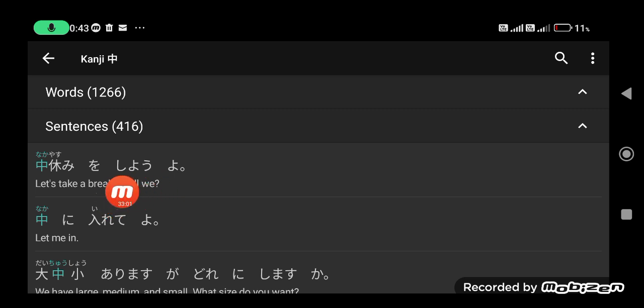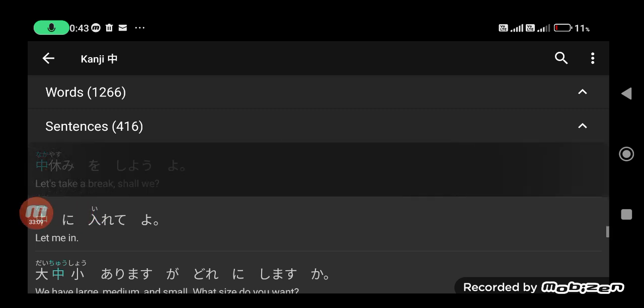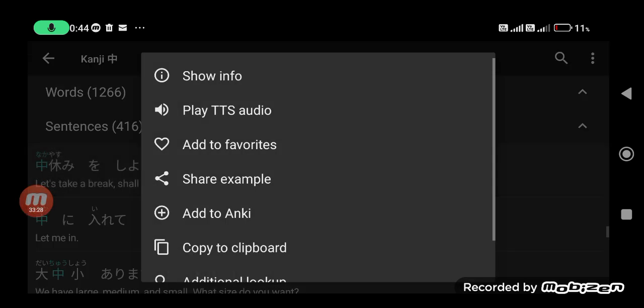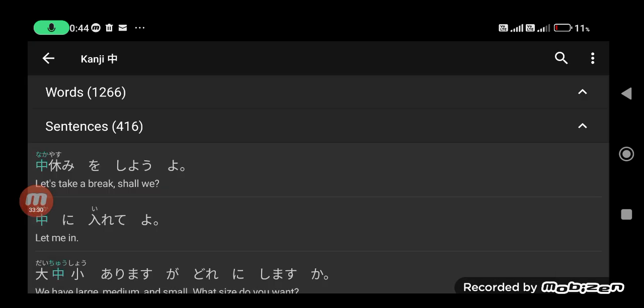Let's take a break. 中休みをしようよ。 Meaning in the middle of a duty or shift, shall we take a rest or break? Nakayasumi is a yasumi, or rest, within a certain shift time or work.